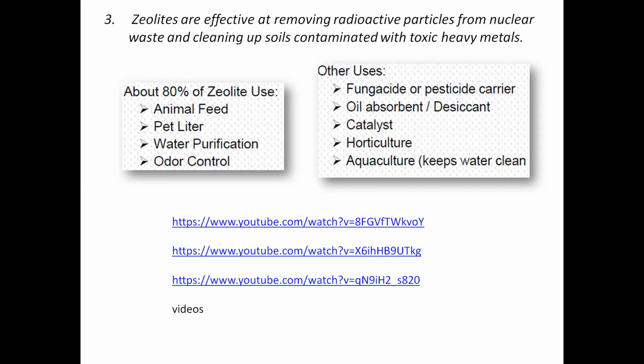Oil absorbance: you keep listening to such news that some oil tanker had an accident, and then oil spillage happens, and there is a lot of noise because it affects the environment. So zeolite is used to absorb such oils.